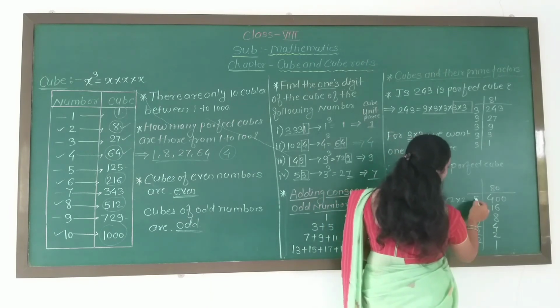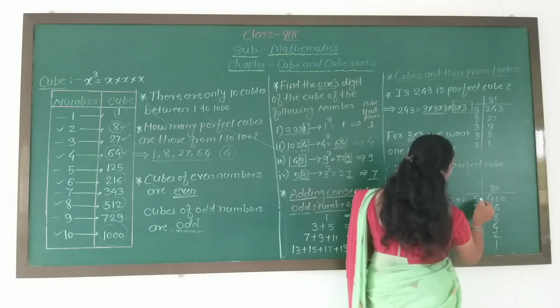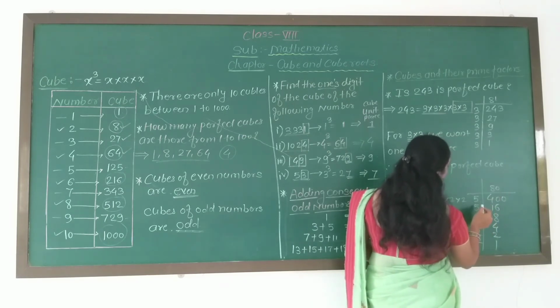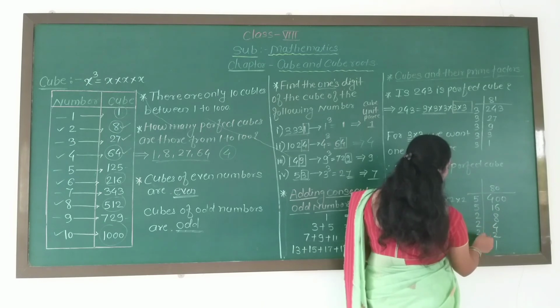Just wait. 5 eights are 40. After that, this one is 80. So 5 sixteens are 80. 16 is what? 2 into 2 into 2 into 2. Correct.